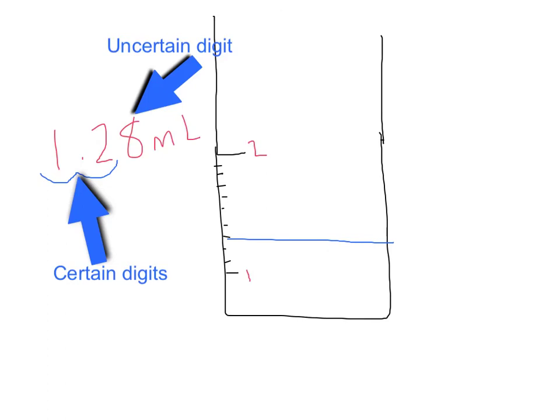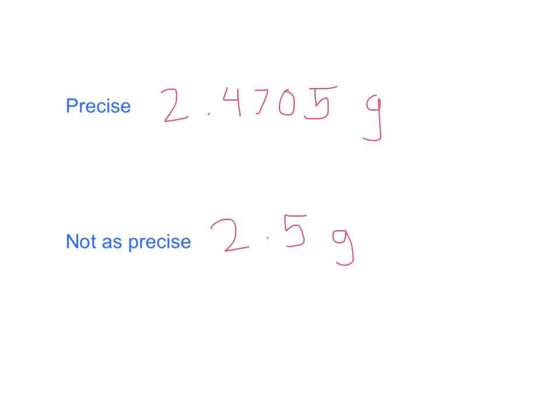Just to tie things together, the reason that we limit the number of digits you write is because the more digits you write, the more precise you're being. So we have two measurements here. This one at the top, 2.4705 grams, is a really precise measurement.